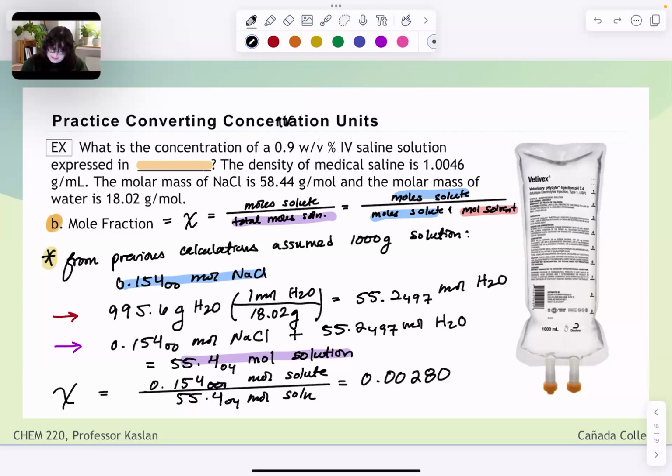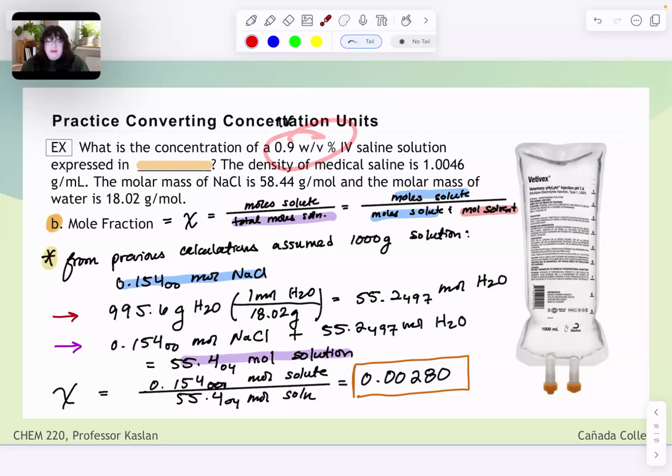And a good thing to ask yourself when you're doing these mole conversions is, do I get something that makes sense, right? So let's look at our 0.9 mass volume percent. That is not even a whole percentage. We are barely 1% mass of NaCl in this whole liter of solution.